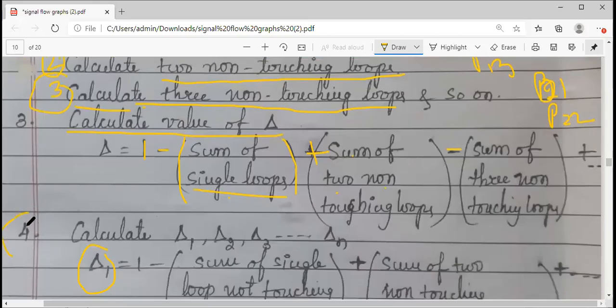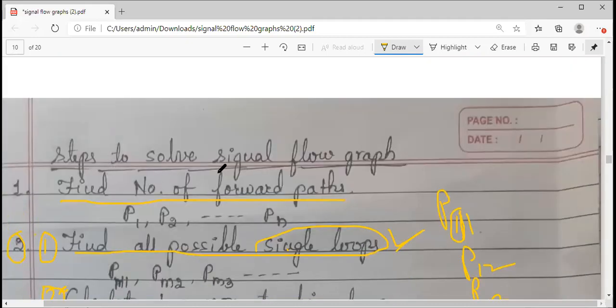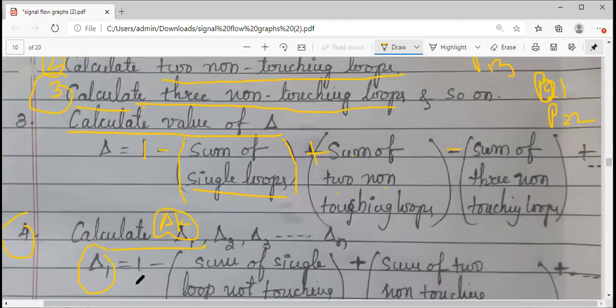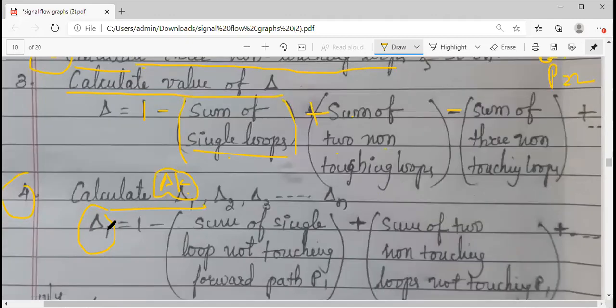Then going for the fourth step, you need to calculate delta k. How many delta values will come here? The number of forward paths available to you, that many delta k values you have to find. For delta 1, the formula is 1 minus the sum of the gains of single loops, that is individual loops, which are not touching forward path 1.